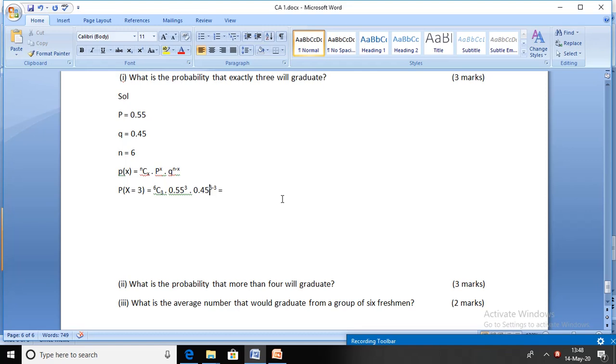All right, so 6 combination 3 multiplied by 0.55 to the power 3 multiplied by 0.45 to the power 6 minus 3. When you tap that into your calculator, you should be able to get 0.3032. And that's your final answer.